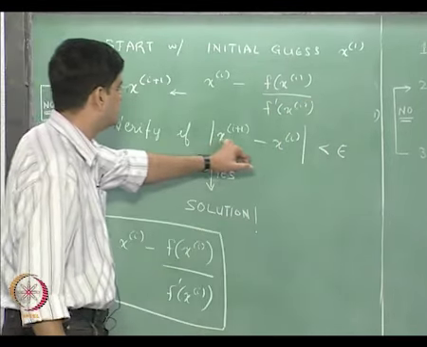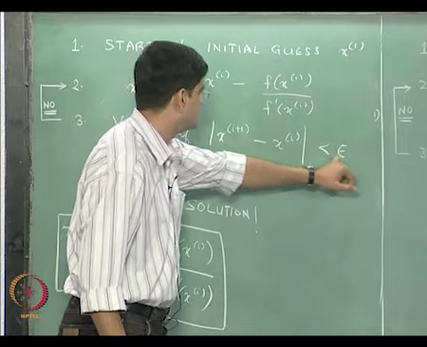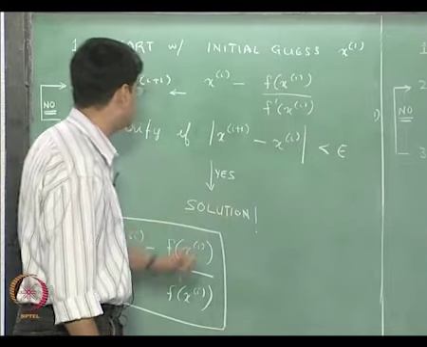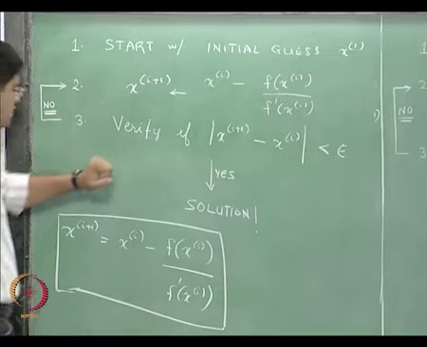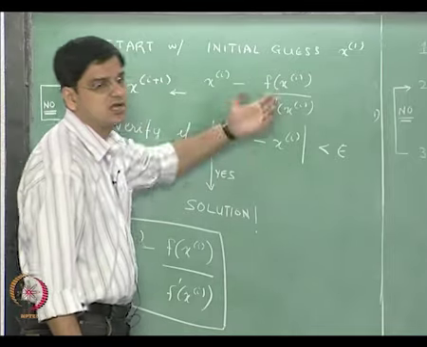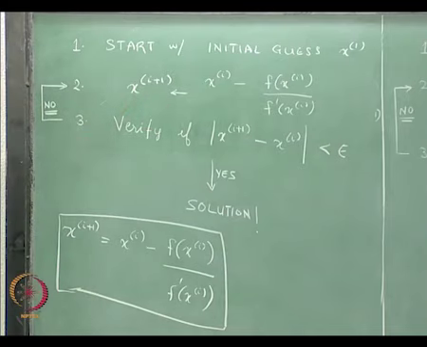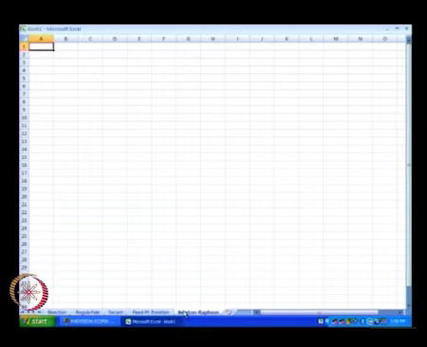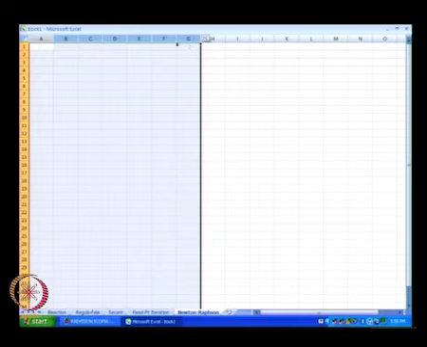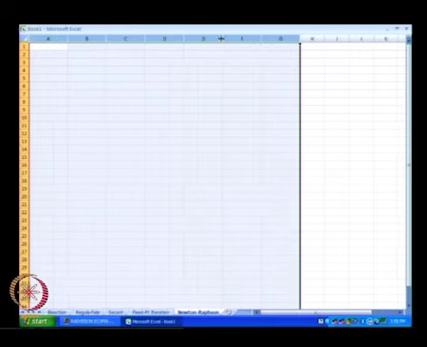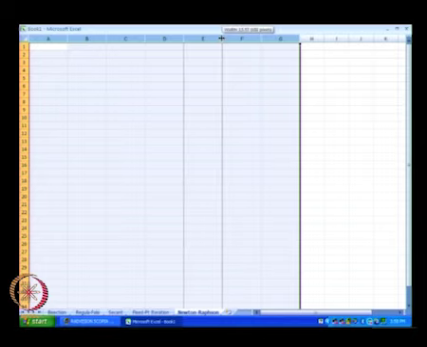Verify if xi plus 1 minus xi is less than epsilon. If it is less than epsilon, it is the solution. If it is not, we will repeat until we get convergence. So this is our algorithm for the Newton-Raphson's method. Like the fixed point iteration method, it starts with just one initial guess and not two initial guesses.